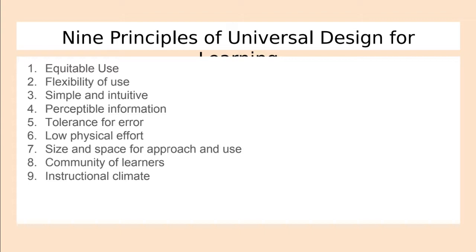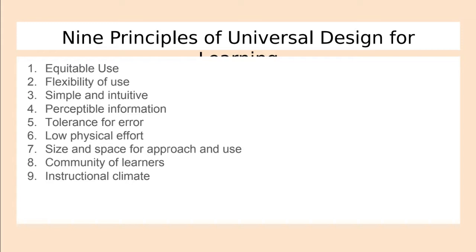Number 5 is tolerance for error. Number 6 is low physical effort. An example of this would even be doors to a lecture hall that open automatically for people with a wide variety of physical issues. The 7th principle is size and space for approach and use.